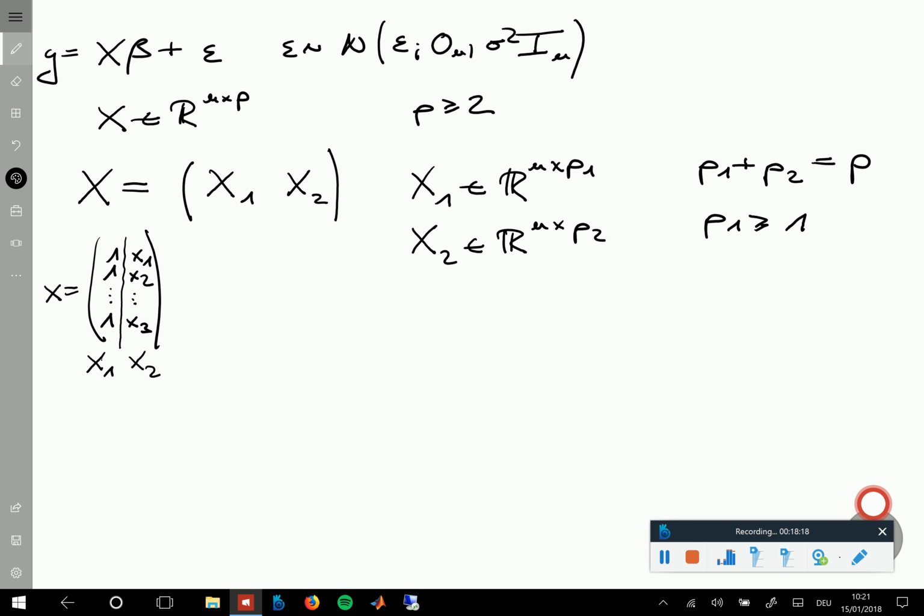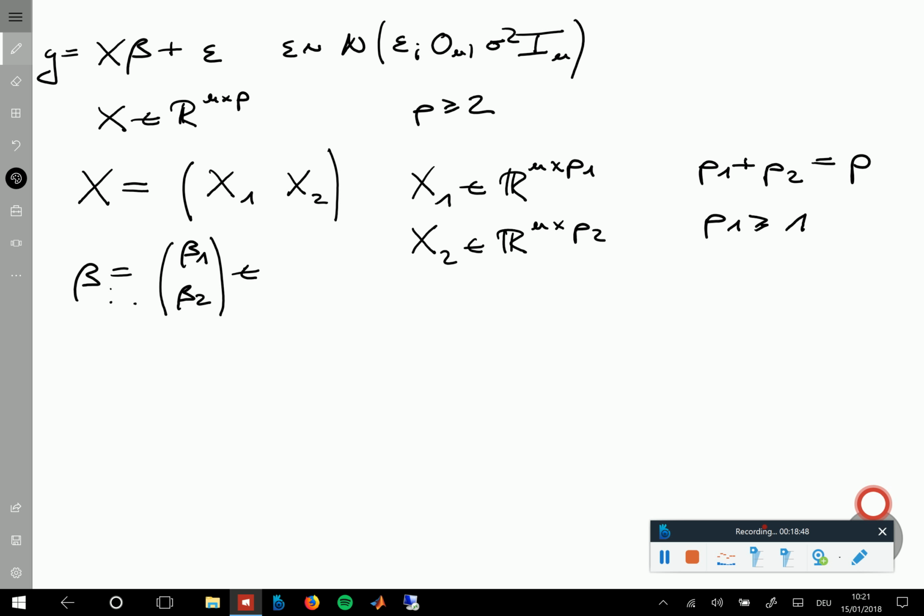So now returning to the case above, we split our beta parameters into the beta parameters that belong to the submatrix X1 and the beta parameters that belong to the submatrix X2. So beta is p-dimensional, and beta 1 is a p1 dimensional vector, and beta 2 is a p2 dimensional vector.